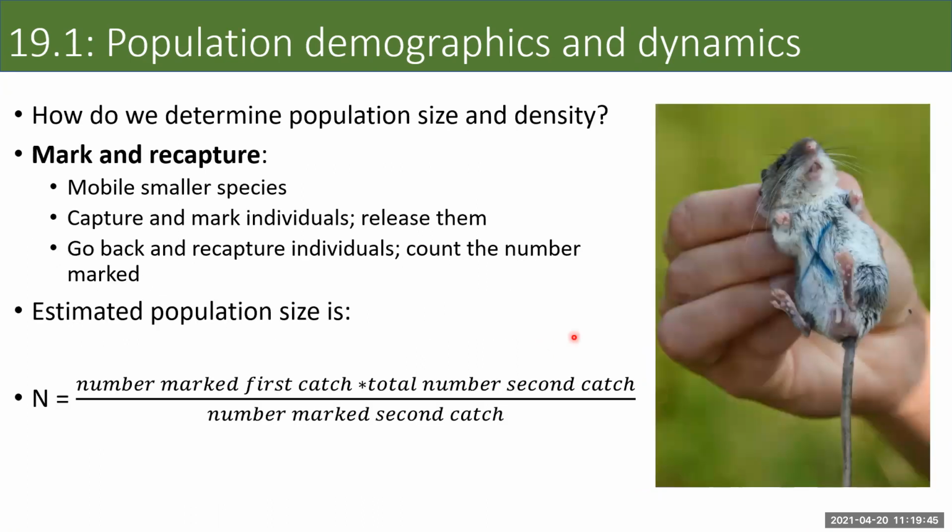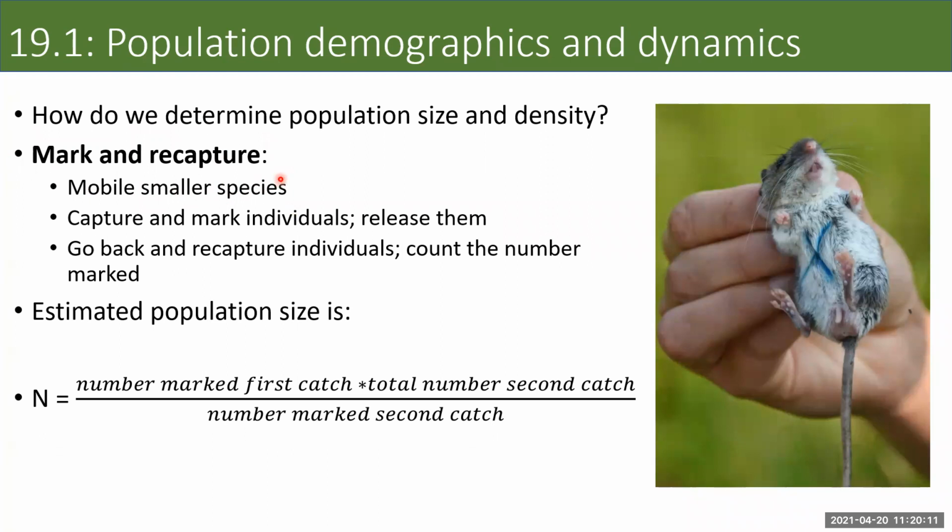For your mobile organisms, especially smaller species, but we can do this with larger species as well. Larger species, we typically will do like tags, so like satellite tags, radio tags, in order to tag them and go out and continue to make observations, right? And so we can do like a mark and recapture.